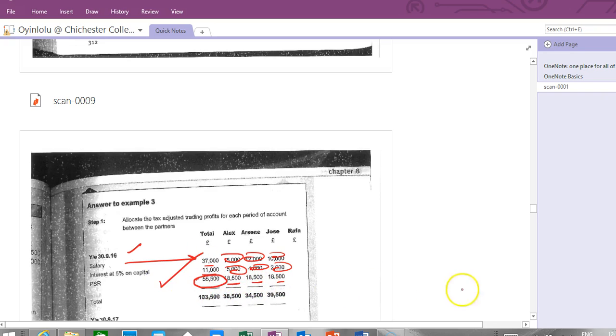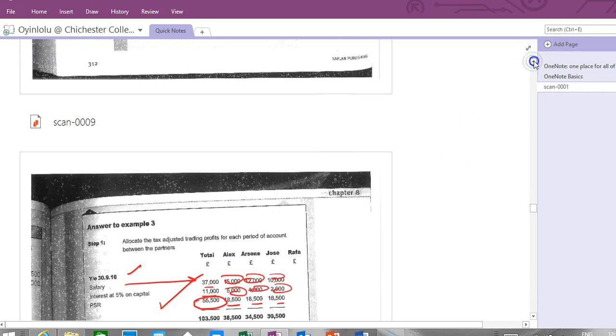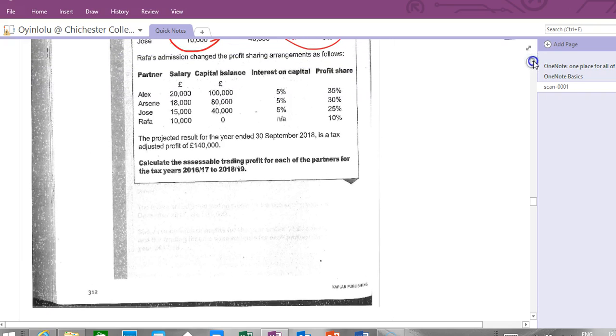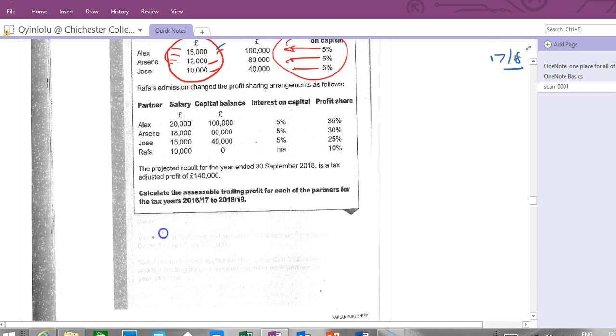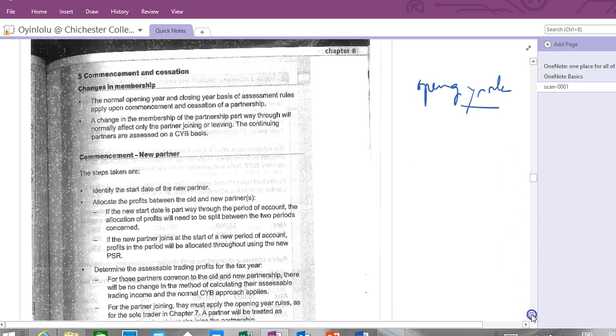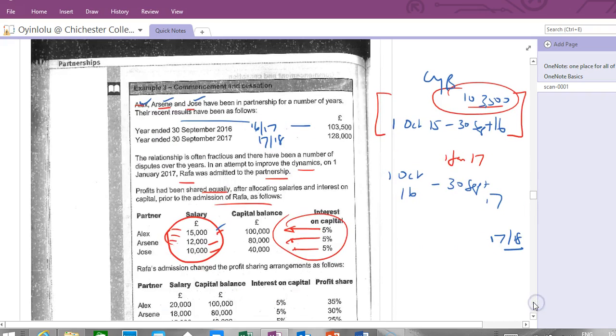And we're happy. Now, Rafa joins in January, which means that from the 1st of October 16 to when Rafa joins, it says that Rafa joins on the 1st of January.